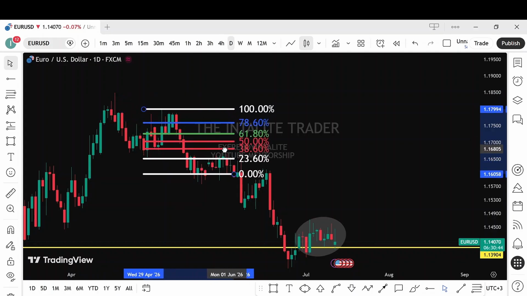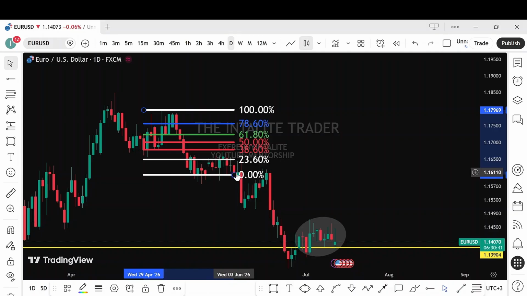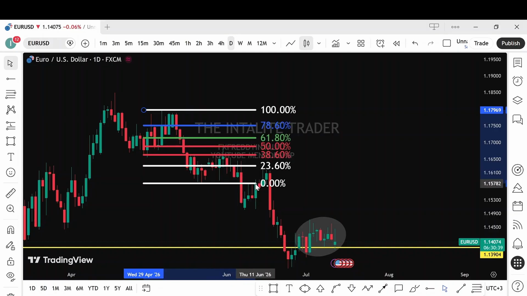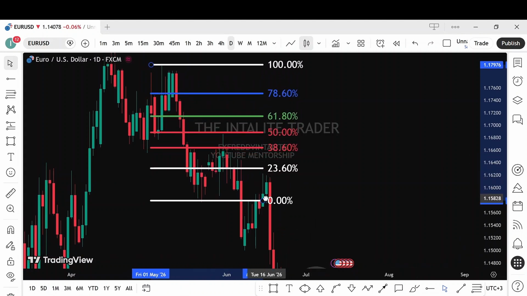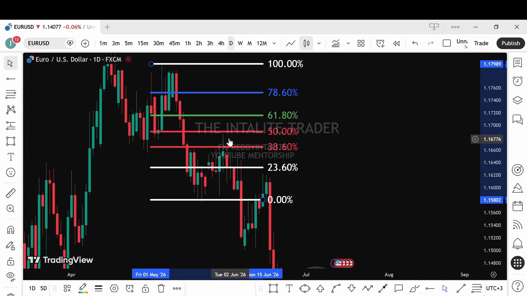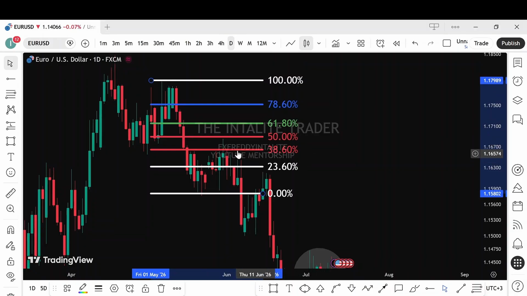We then had another one here where price gave us a shallow pullback. This pullback can be taken as a deep pullback because it went and tapped the 50 level. Even though it was a bit, not all that, we can say this is shallow.